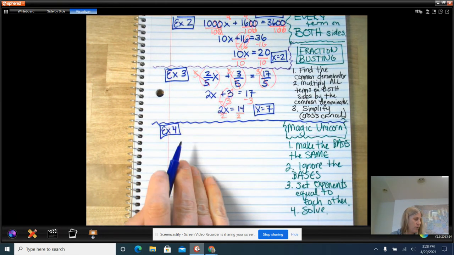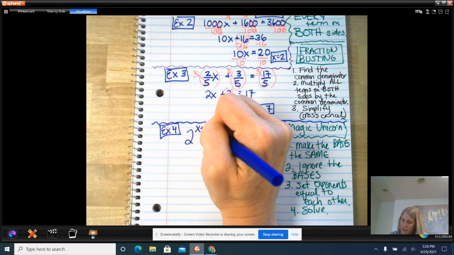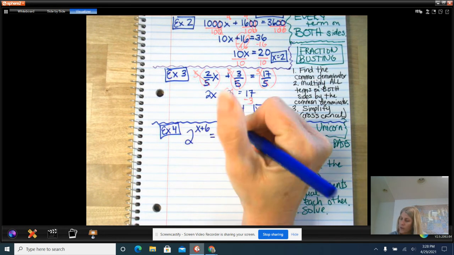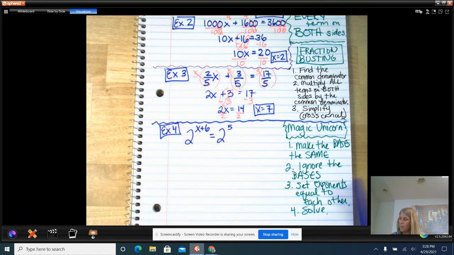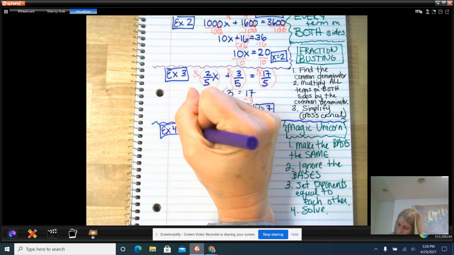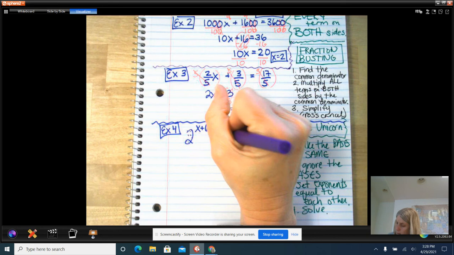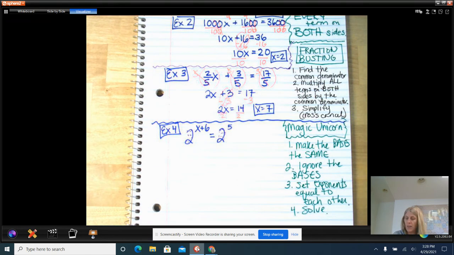So here's our example 4. We have 2 to the x plus 6 is equal to 2 to the 5th power. Now, step number 1 is make the bases the same. They already are. So when the bases are the same, it makes this magic unicorn really happy.